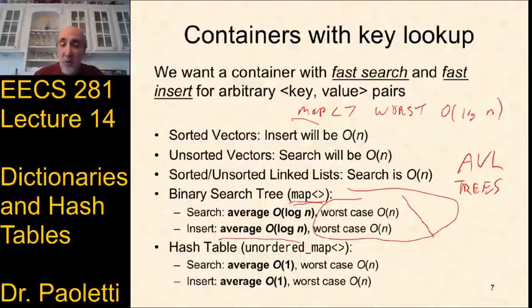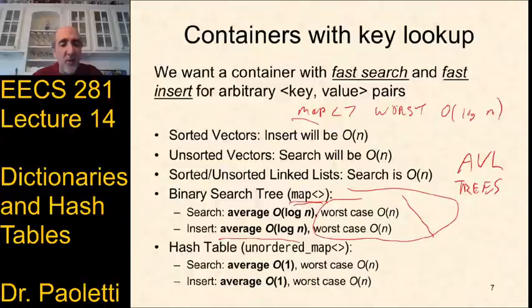Now, we do usually like to stay consistent with the STL. The reason that we're not going to teach you red-black trees is the AVL trees that I can do in 30 slides, red-black trees would take over 100. And they accomplish the same thing. They make sure that the tree never becomes too stick-like. They want to make sure that you get a worst case log n.